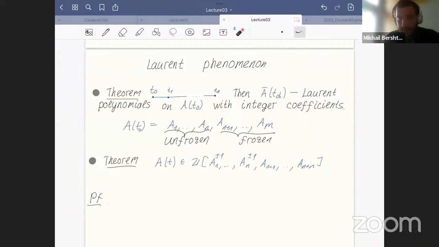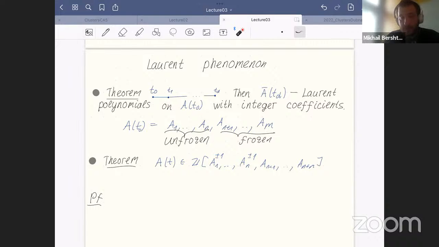We define the so-called mutation, which is a transformation from one seed to another, and draw this through a graph, not oriented, where two vertices are connected by an edge if there is a mutation from one to another. These edges are actually labeled.